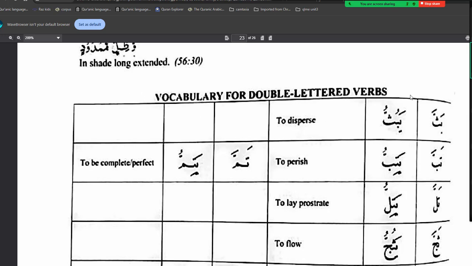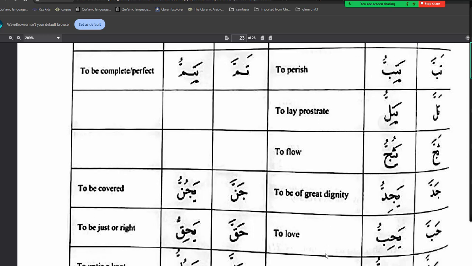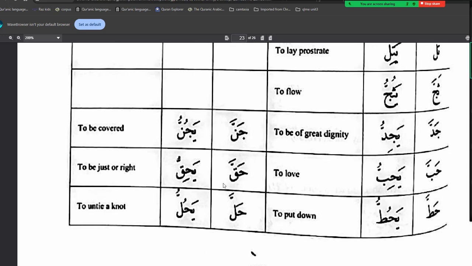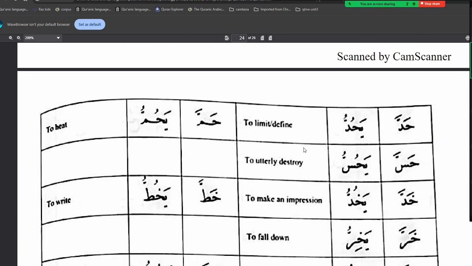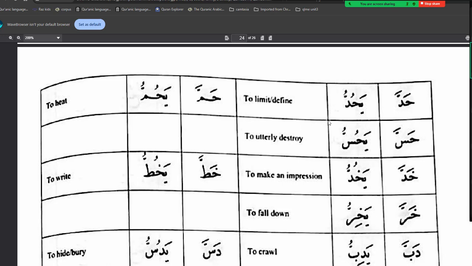So, vocabulary for double-legged verbs: batha yabuthu to disperse, tabba yatibbu to perish, talla yatillu to lay prostrate, sajja yasujju to flow, tamma yatimmu to be complete or perfect, jadda yajiddu to be of great dignity, habba yahibbu to love, janna yajunnu to be covered, haqqa yahiqqu to be just or right, truth, halla yahullu to untie a knot, hatta yahuttu to put down, hadda yahuddu to limit or define.